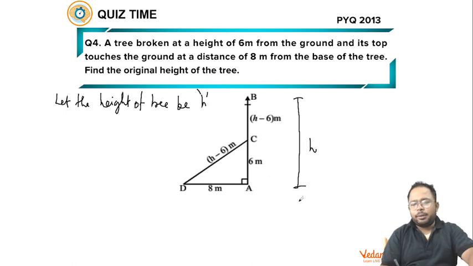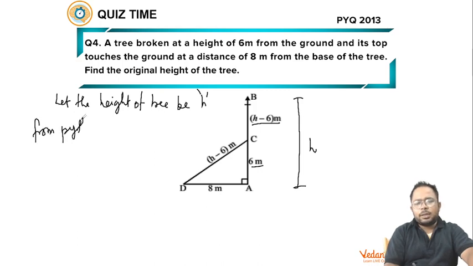If I am considering this as 6, obviously this is going to be h minus 6, and on that side this is also h minus 6. Now what we can see is this is a right angle triangle. So from Pythagoras theorem, what we can say is hypotenuse square is equal to perpendicular square plus base square.